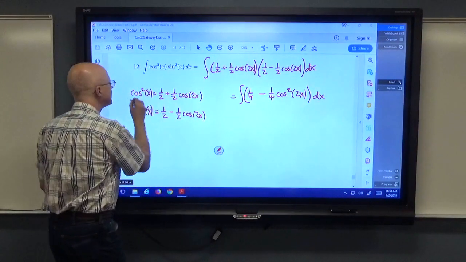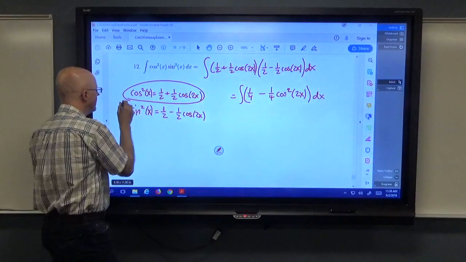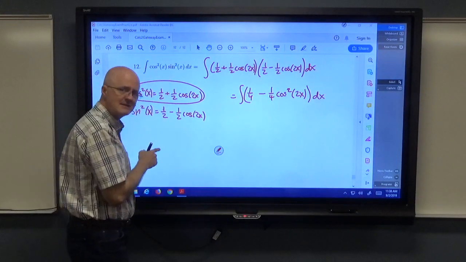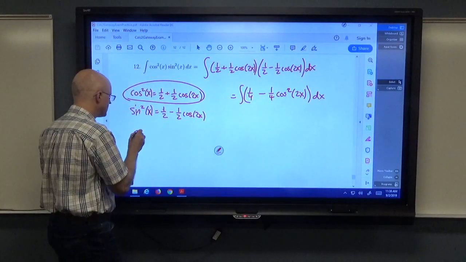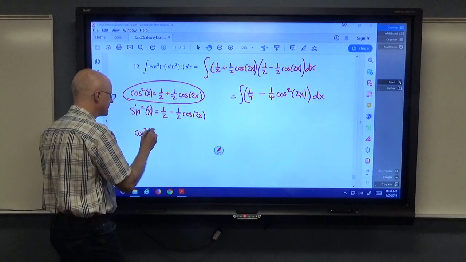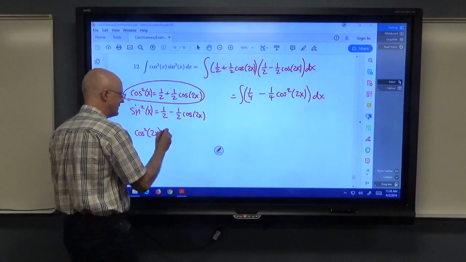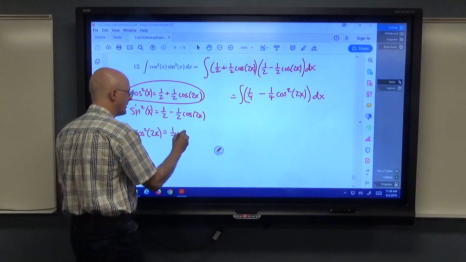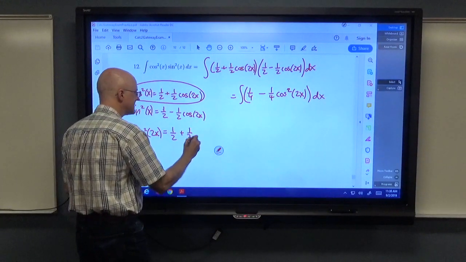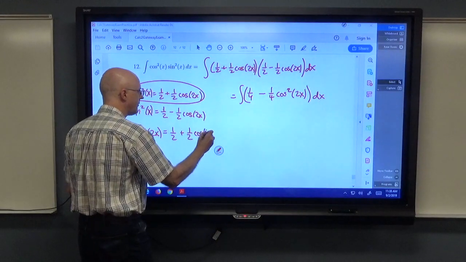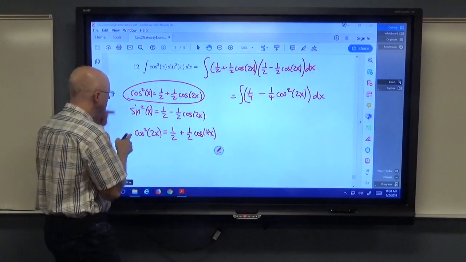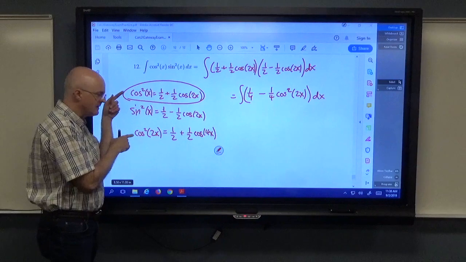You need this identity again. This is true no matter what x is. So it's also true if the input is of the form 2x. But you have to make an adjustment on the right side as well. Replace x with 2x. There you'll get cosine of 4x. These two identities really mean the same thing.